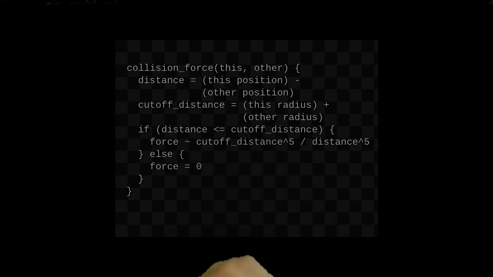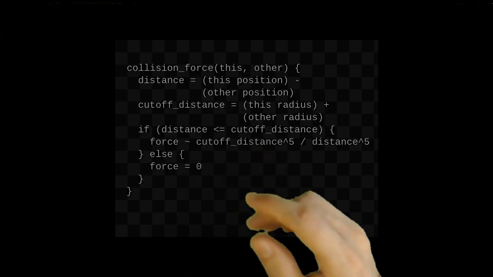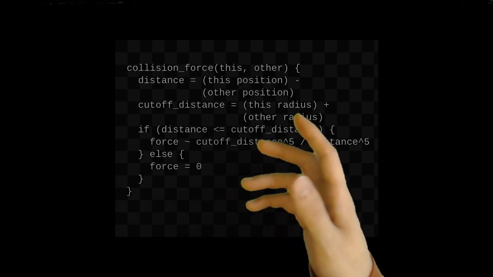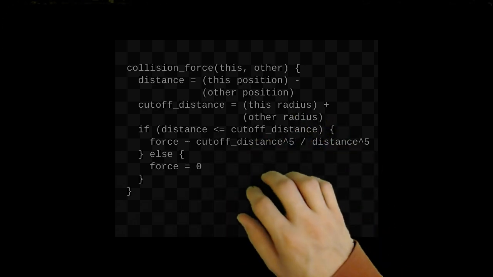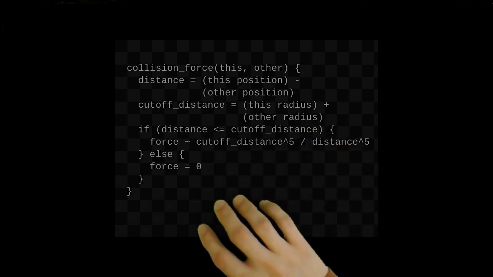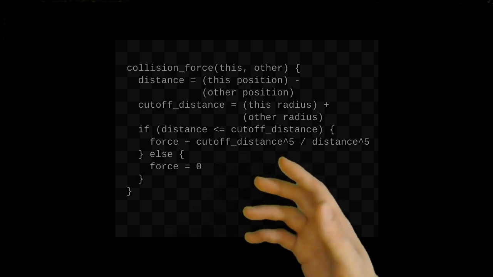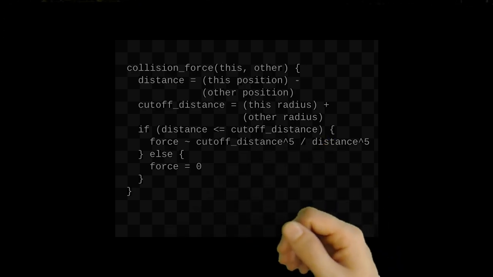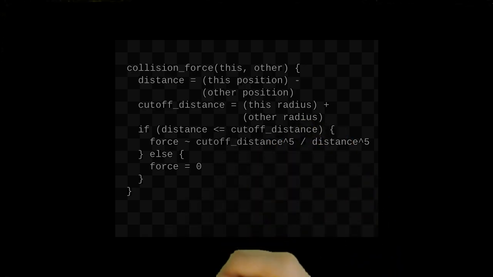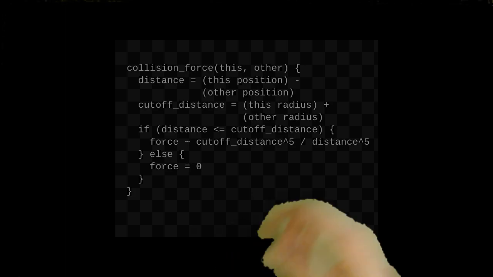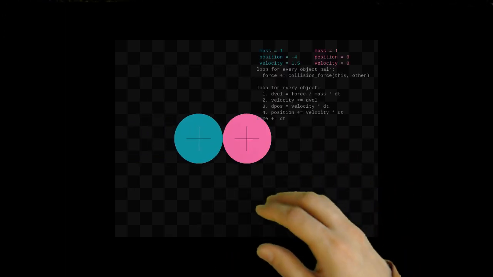These lectures are going to be like that sometimes, but I also want to remind you that confusing is often just a function of familiarity. The more you see tricks like this, the more comfortable you may become. I think these kinds of things are useful, and yeah, we're going to be going with this. So that's the collision force, and here it is in action.